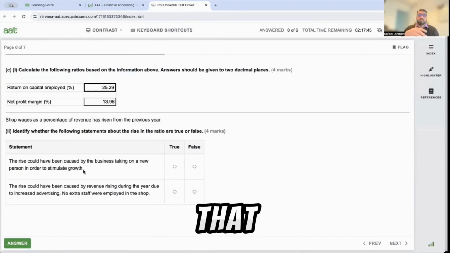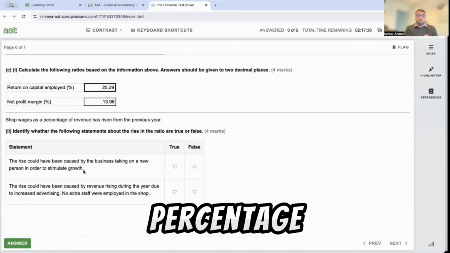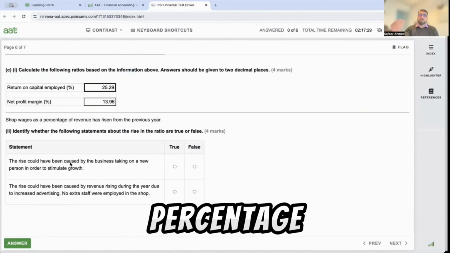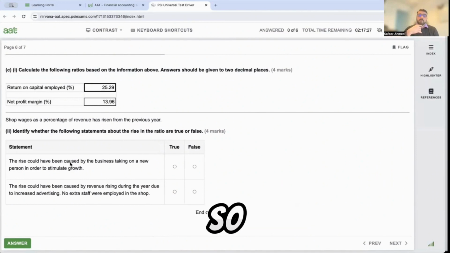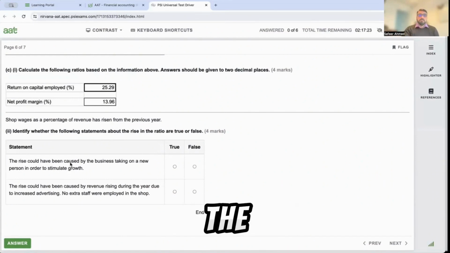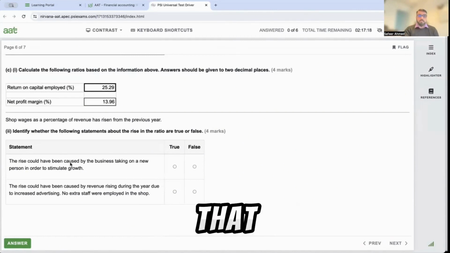So if you think about it, if wages and salaries go up without any rise in other things, then of course the percentage will be higher. So if wages are higher, wages as a percentage of revenue will be higher, provided that there are no other changes as well. So as you can see, this could be a reason.